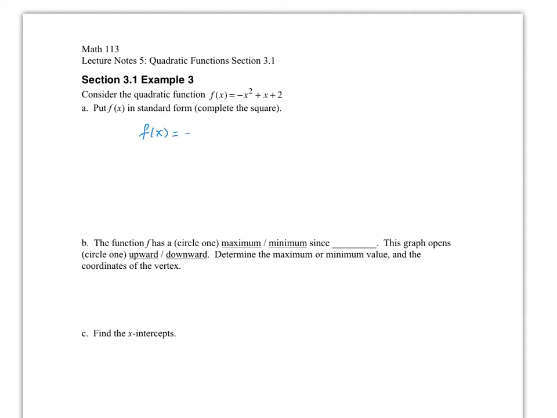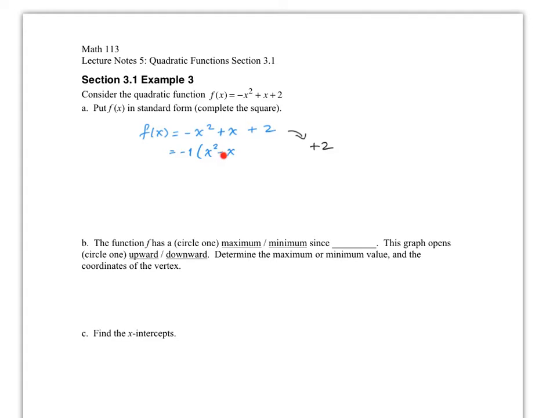f of x is minus x squared plus x plus 2. Remember that we only need the first 2. So we factor the minus 1, and this will be x squared minus x. And then this 2, just move it a little bit away.